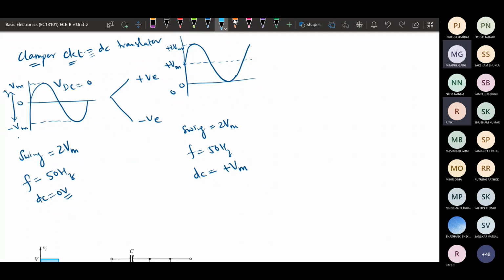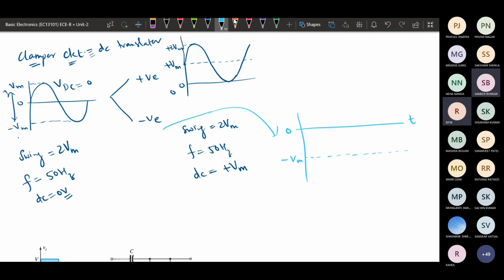Now in the case of a negative clamper, we can just see the waveform. Here this is the 0 voltage level, and it varies with respect to time. Now it has been clamped to the minus Vm side.